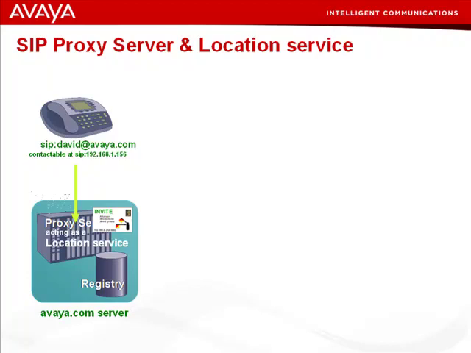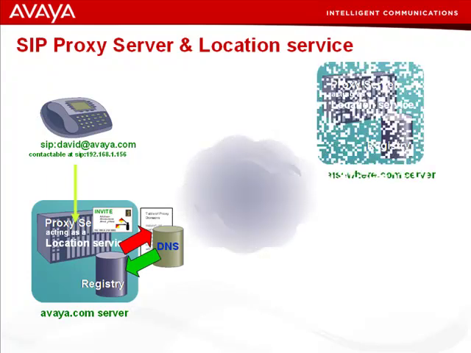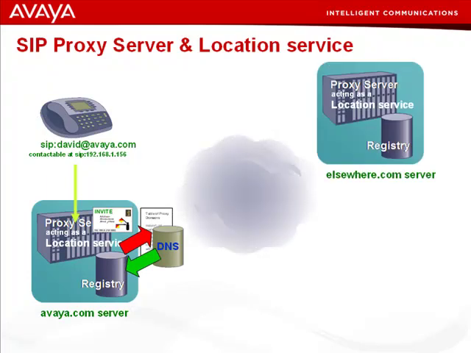First it will construct and send a 100 trying, confirming reliable delivery of that request back to the user agent client. Only then does it check to see if it's the controller of the invited party's domain, and on realizing it isn't, does a DNS lookup and finds that the elsewhere.com server resides just up there in the top corner of the network. It then of course forwards the invite to the elsewhere.com server.